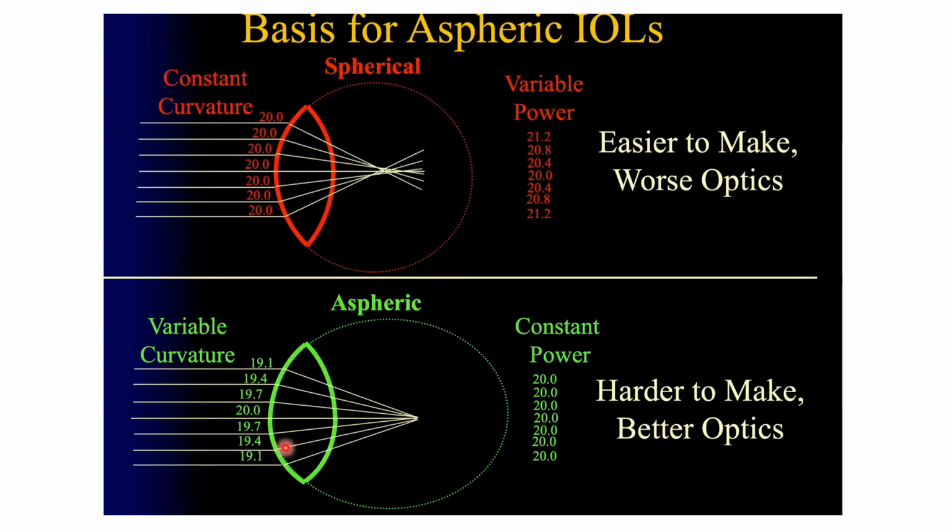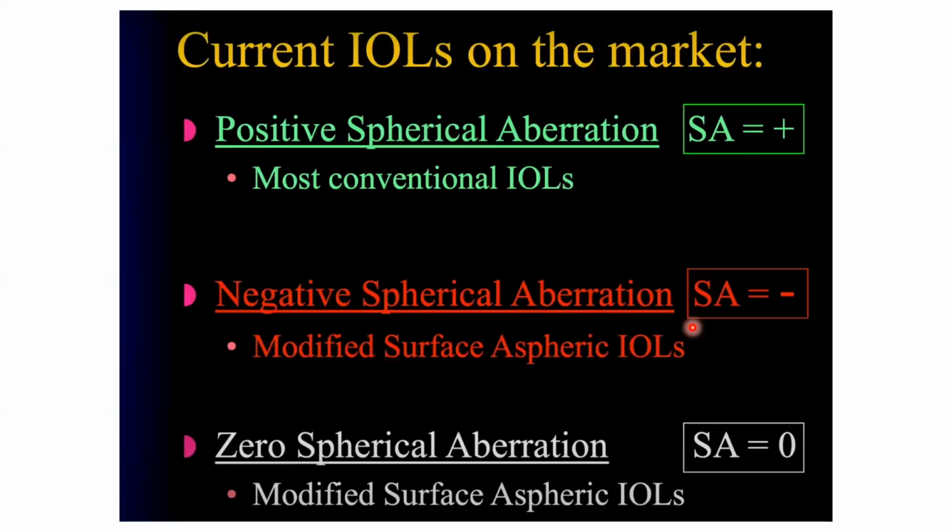In an aspheric lens, to get constant power at all points on the lens, we are varying the curvature. So we have a variable curvature in aspheric IOLs, and the curvature slightly reduces as we go towards the periphery. So aspheric IOLs are harder to make, but they have better optics.